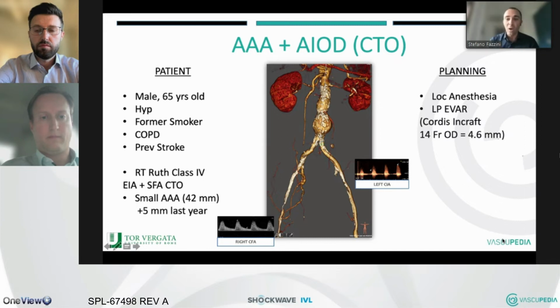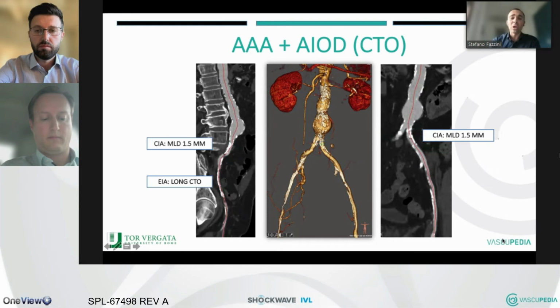In this patient, a male with rest pain on the right leg, with a CTO of the right external iliac of about 9 centimeters and a long SFA occlusion, with a tight stenosis at the level of the common iliac bilaterally, as you can see.